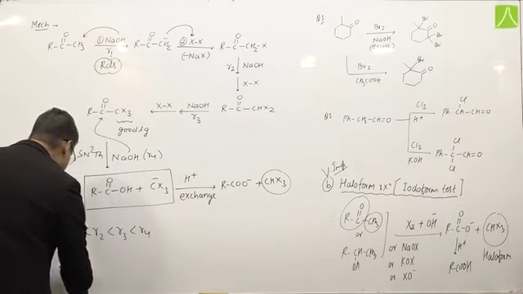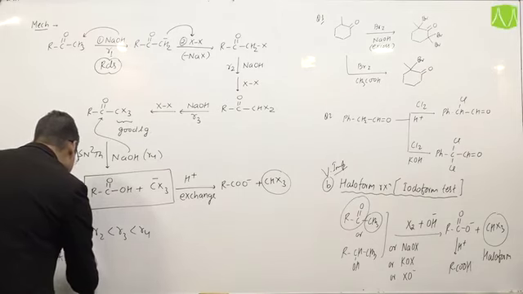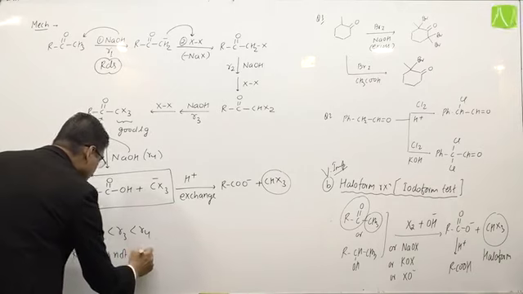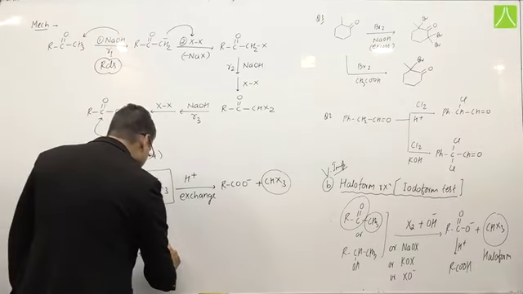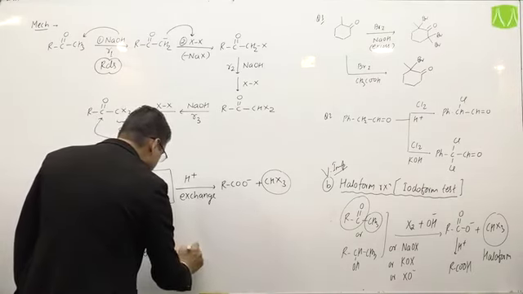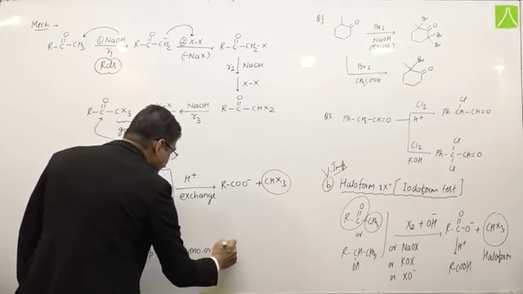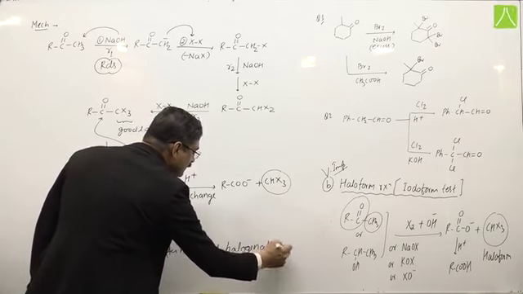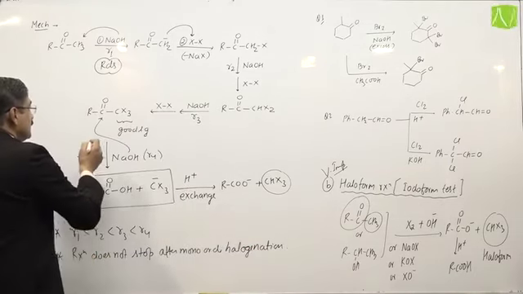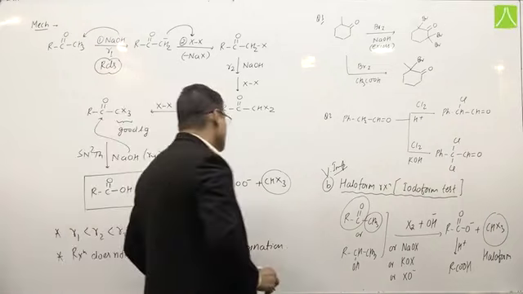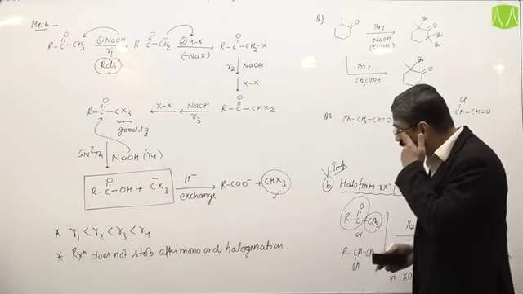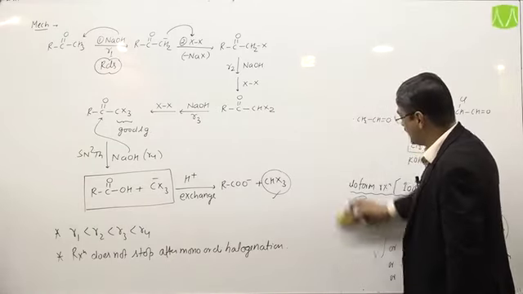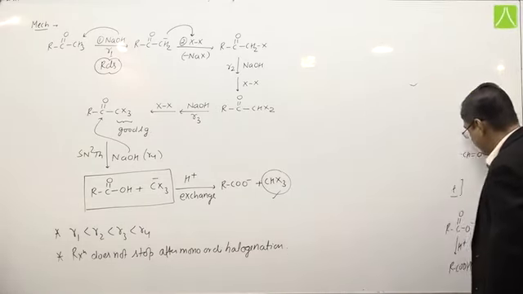And the next important point: the reaction does not stop after mono or di halogenation. It goes up to the haloform. So a total of 3 moles of halogen and 4 moles of base are required for this reaction.